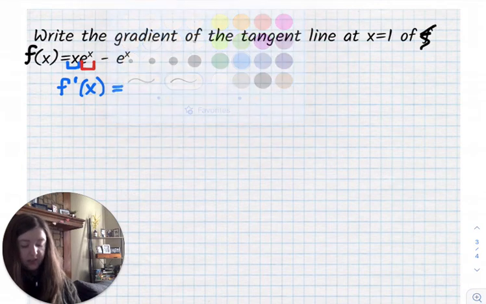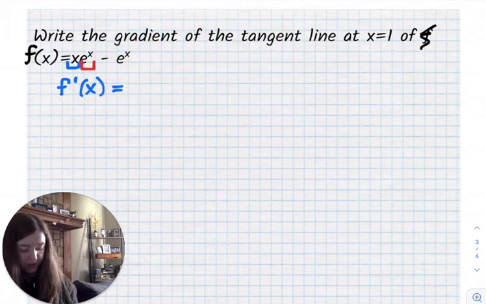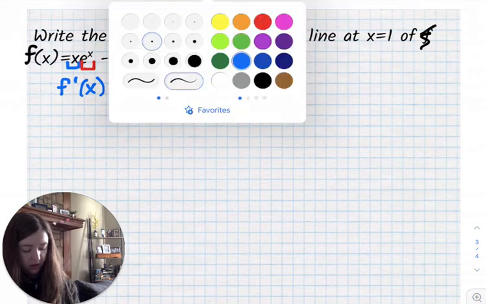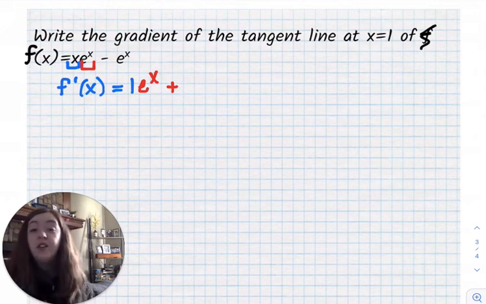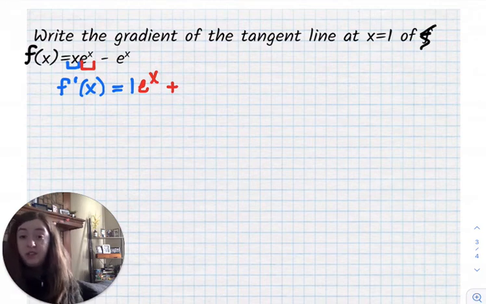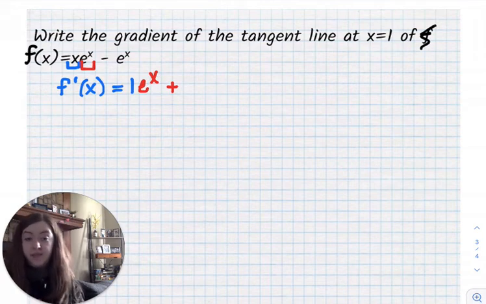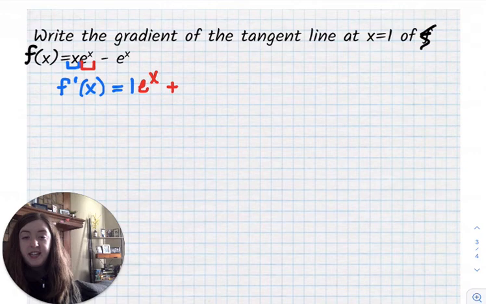All right, so derivative of the first times the second plus. Okay, so the derivative of x is 1. e to the x stays the same. Derivative of the first times the second plus the derivative of the second times the first.